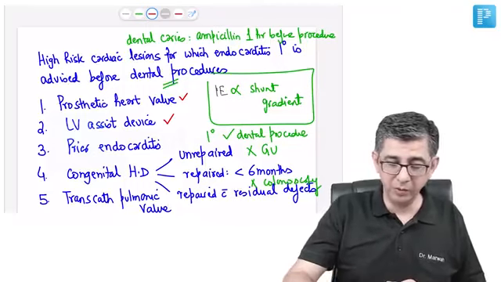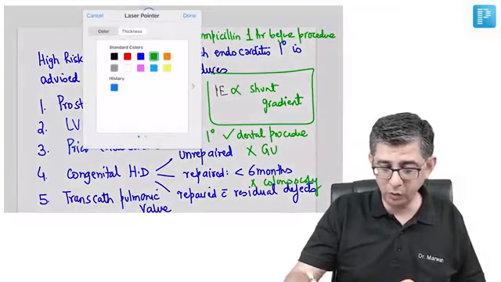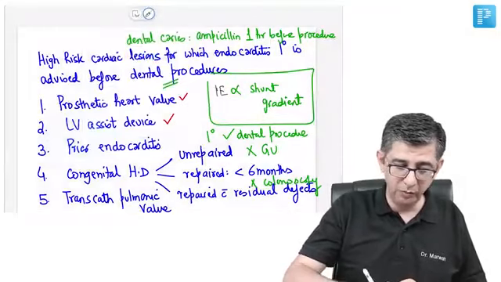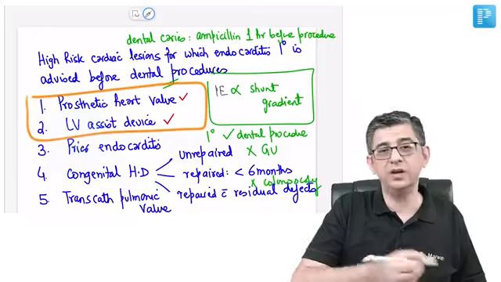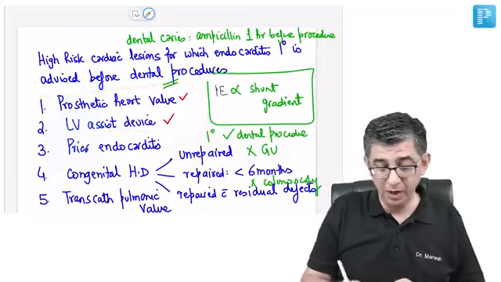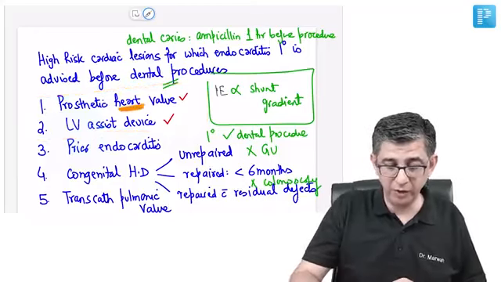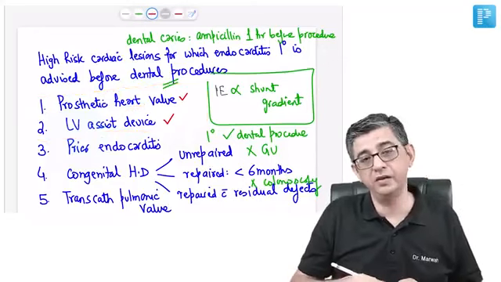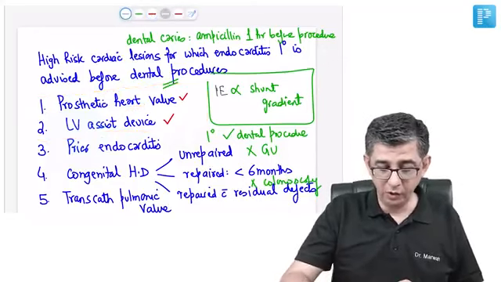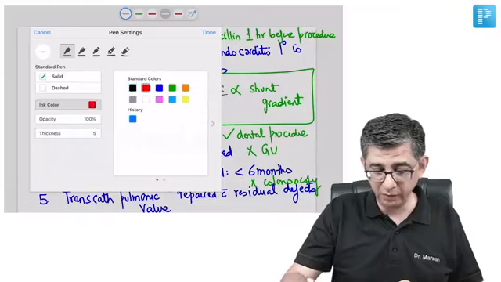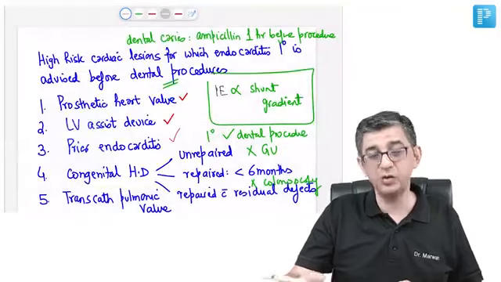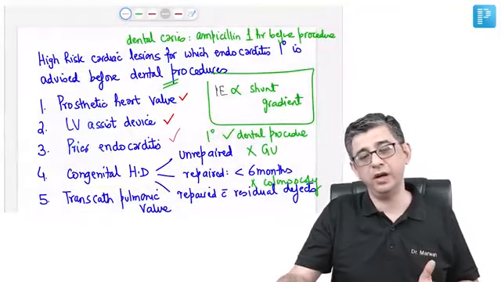The speciality for point number 1 and point number 2 is only the fact that in both of these conditions there is a device in the heart. So because I put an artificial heart valve, I would like to prevent it from any kind of disintegration. Similarly, if somebody has already had prior endocarditis, because there is already damage in the heart valve, I don't want to take a chance.